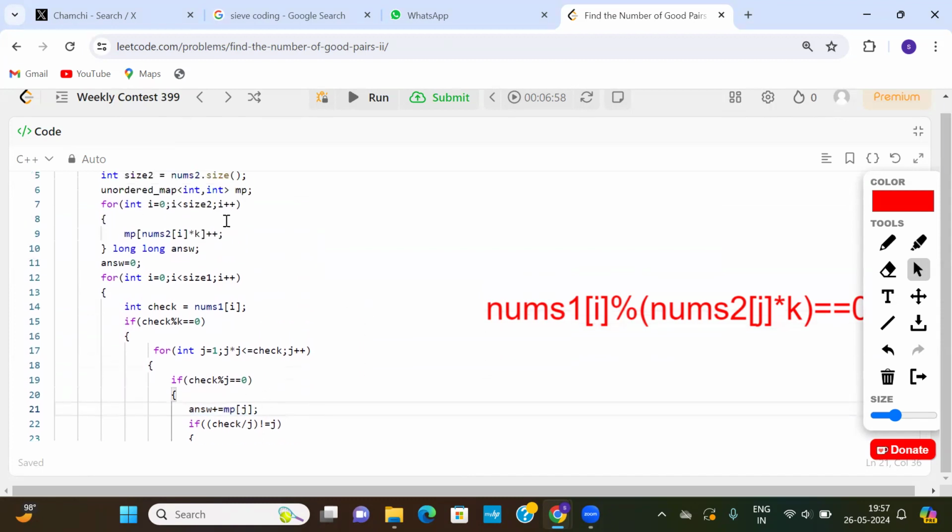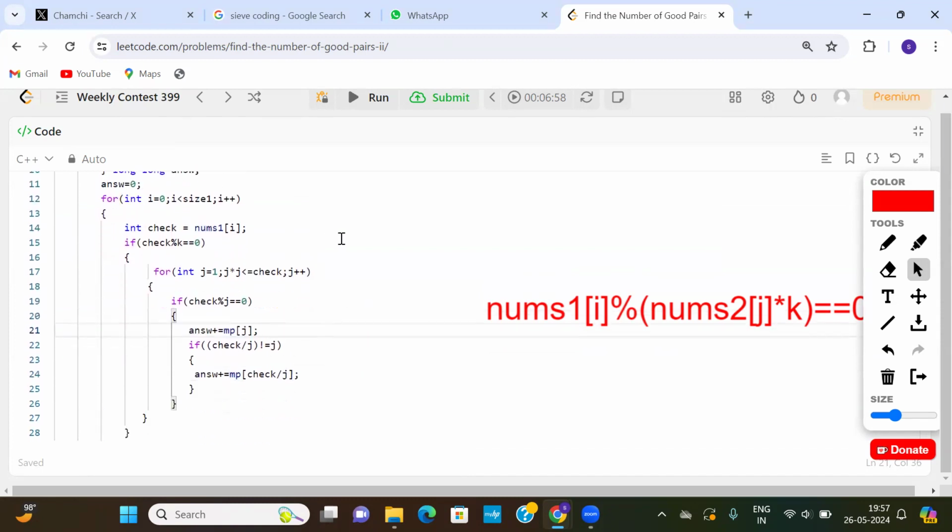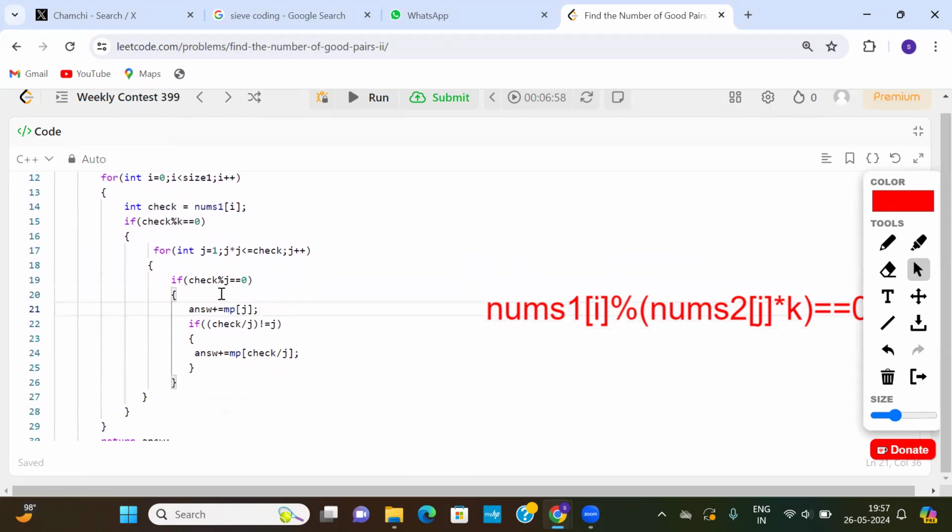In mp, I have stored the modified elements of nums2. If check mod j equals 0, it means there are two divisors: j as well as check divided by j. So for checking the uniqueness of the divisor, I'll do answer equals answer plus mp at index check divided by j.